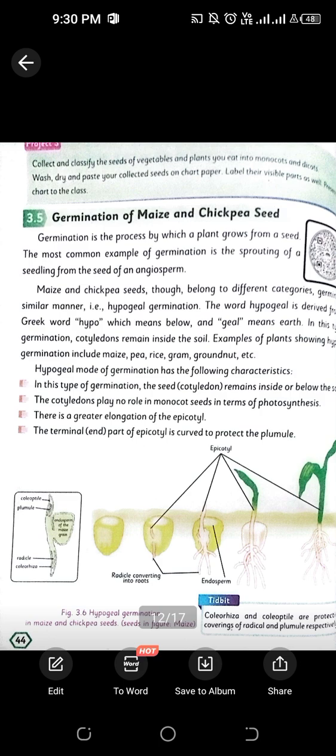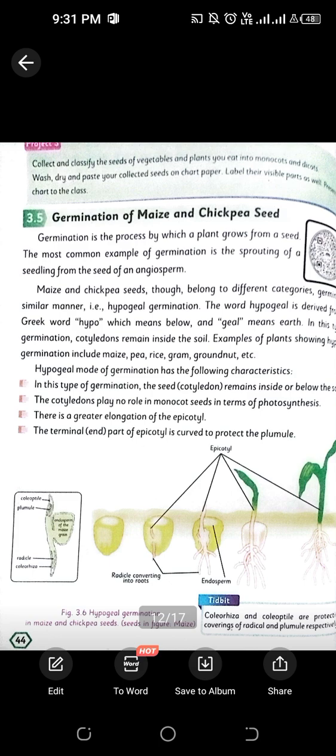Epigeal germination occurs above the ground, which is visible. But hypogeal germination is a type of germination which occurs inside the ground. Hypo means below and geal means earth, so it occurs below the ground.